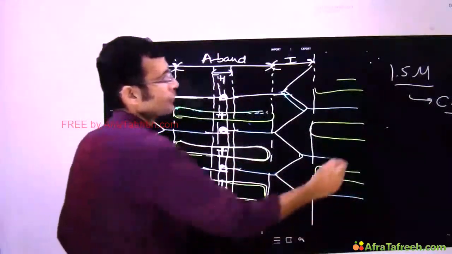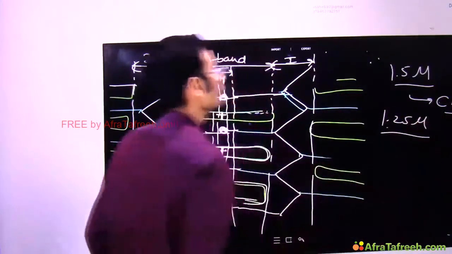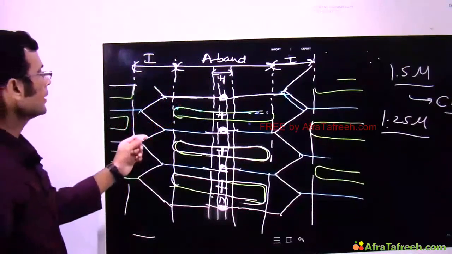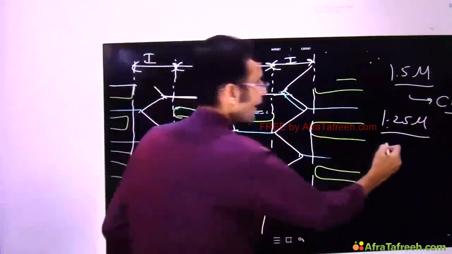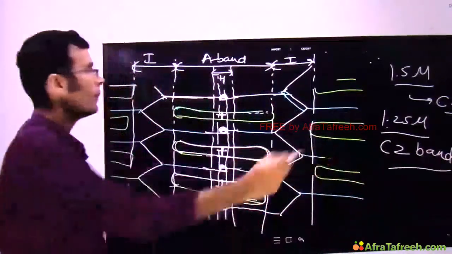Next, with very severe contraction, at 1.25 micron length, another band will appear in the sarcomere which is called the CZ band, contraction Z band.